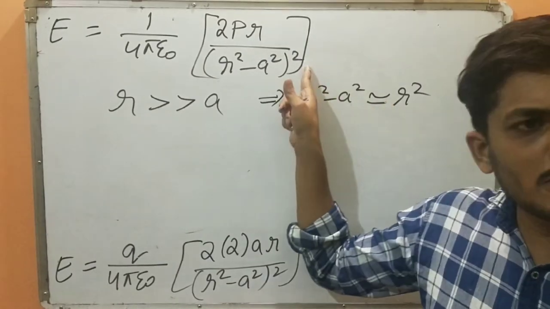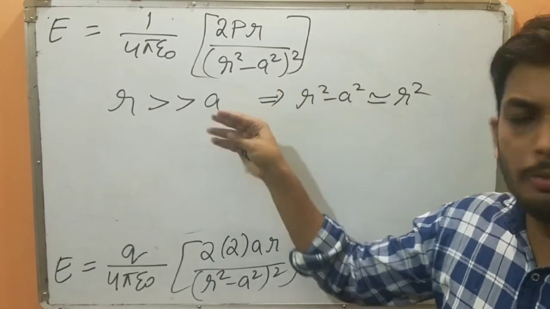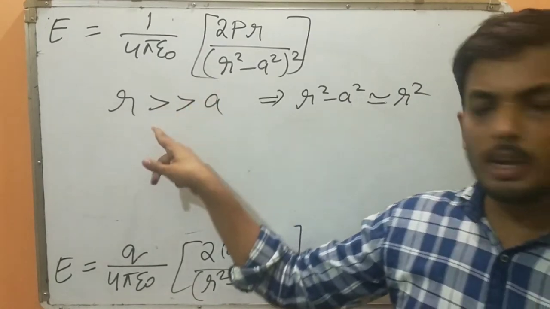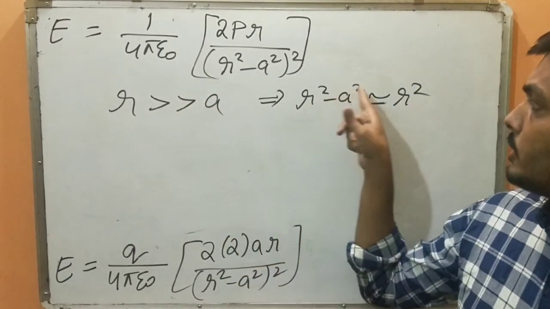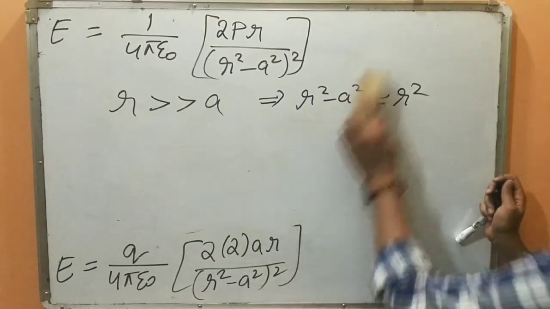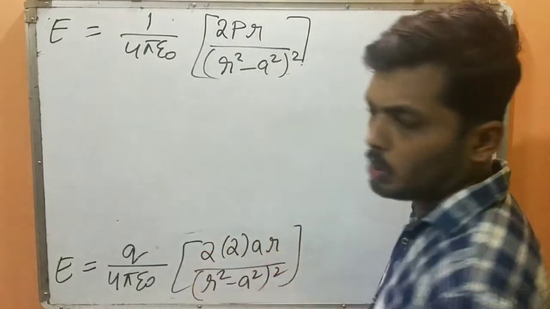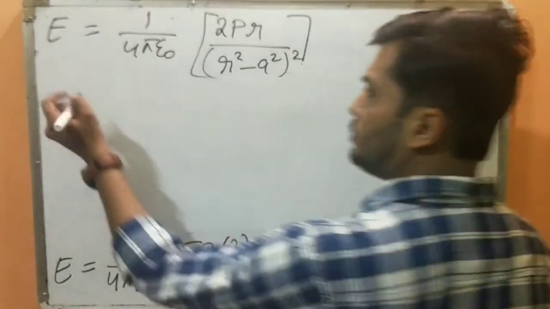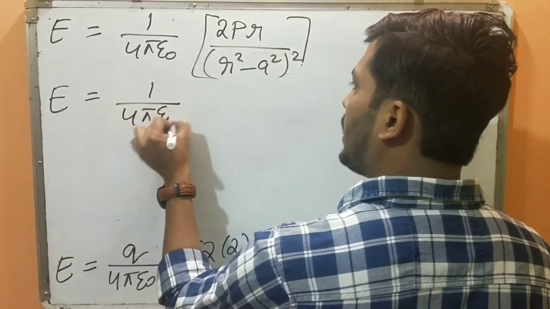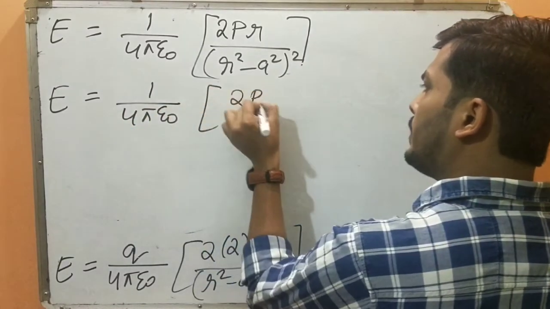Or in the exam you can stop here only. Okay, these are further steps that we can reduce. So since r is very much greater than a, I can reduce r square minus a square to nearly r square. You are supposed to write this condition sideways, okay? Or else you can mention it, not a big deal. So 1 upon 4 pi epsilon naught 2pr.